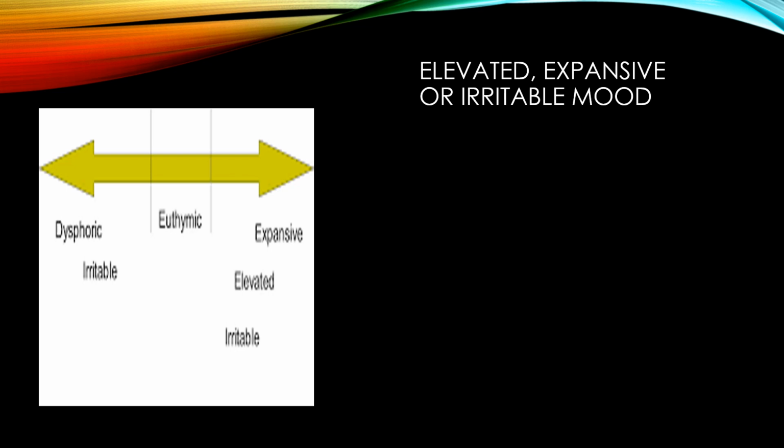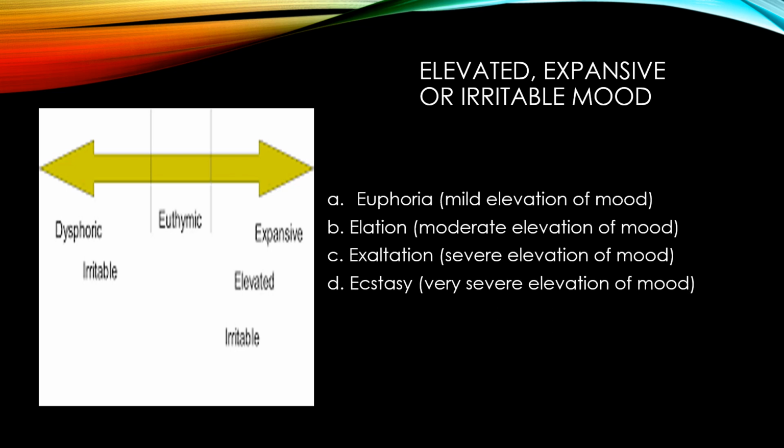As you can see in this diagram, normal mood is called euthymic. Normal mood can go into irritability when the patient starts getting very angry over trivial issues, or the patient can be very happy, and this happiness is seen in the form of expansive or elevated mood.